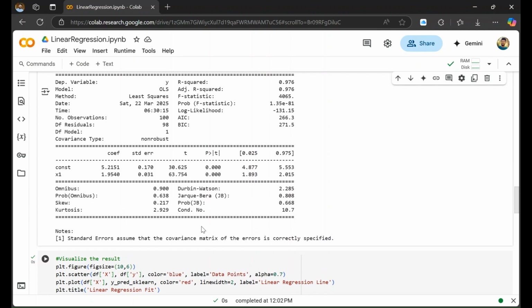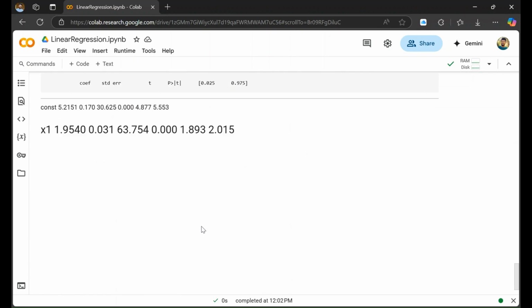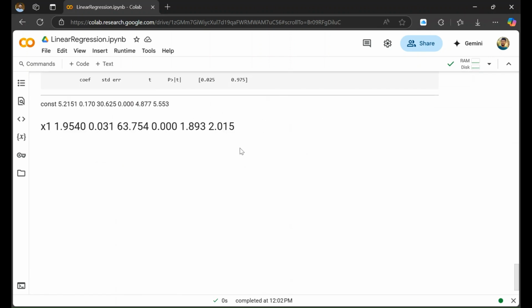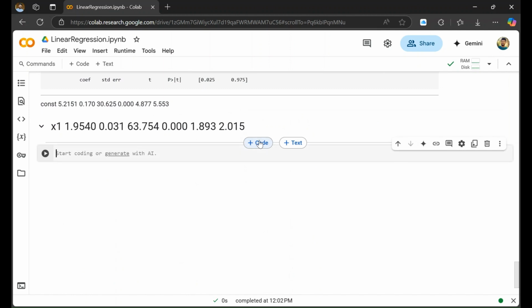Now we'll see residuals also. Then we'll do a small residual analysis. If you want to know what residuals are, please leave it in the comments. I will do a video on residuals also. Let's do residual analysis.